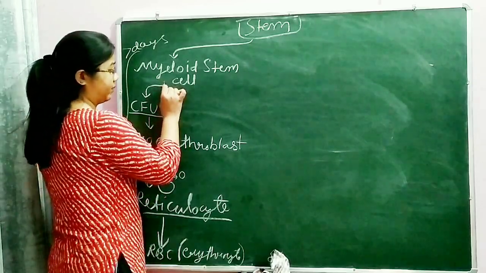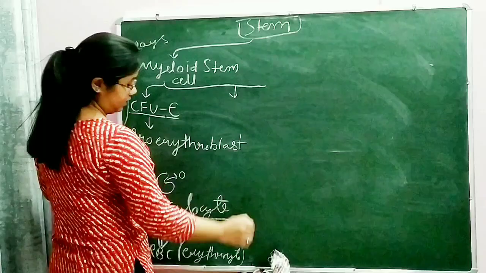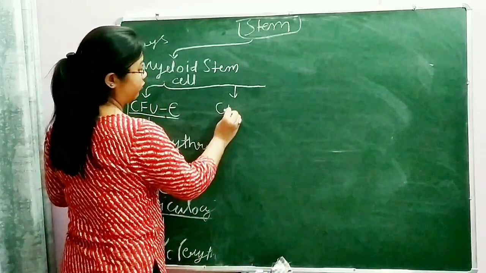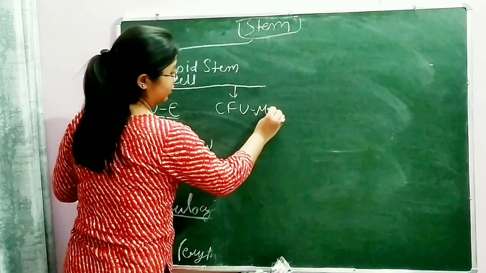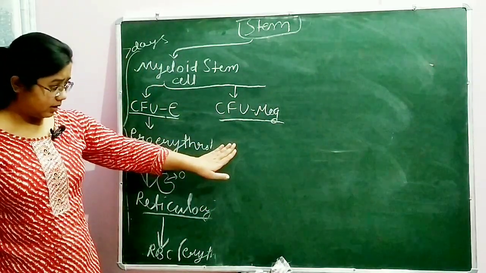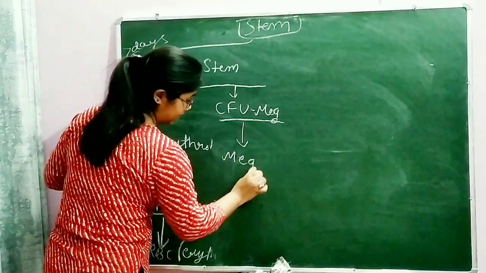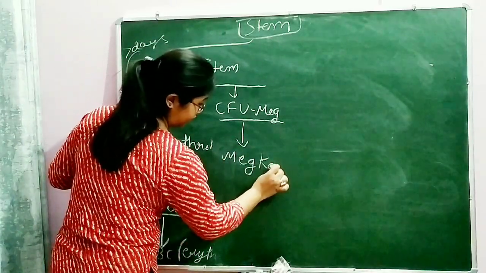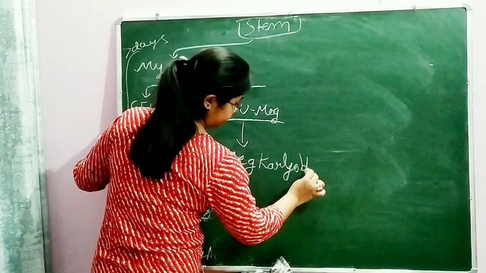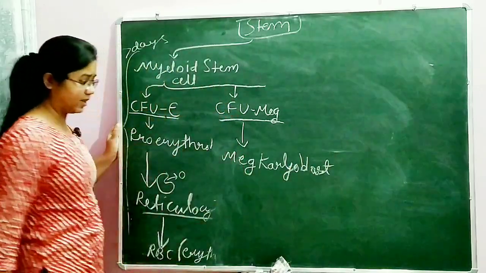Next, the myeloid series stem cell divides into the colony forming unit megakaryocyte, then the megakaryoblast is formed.